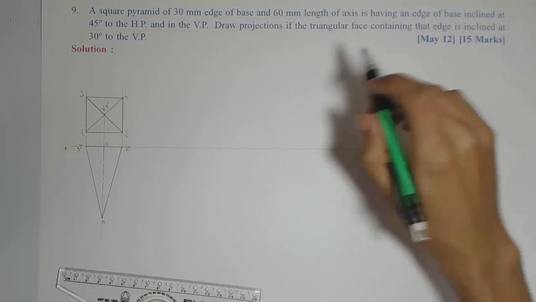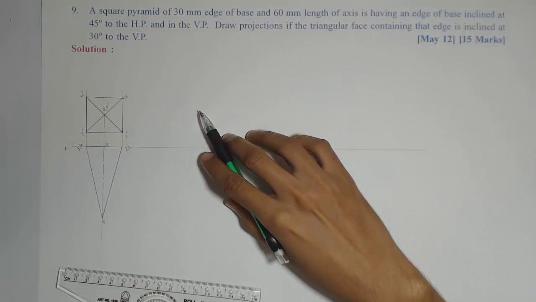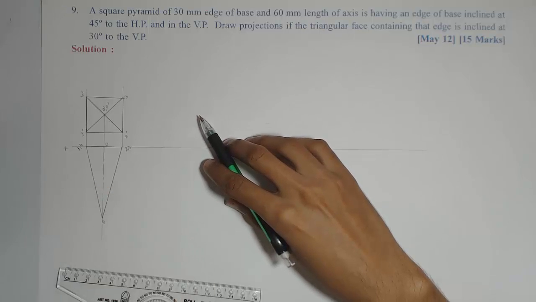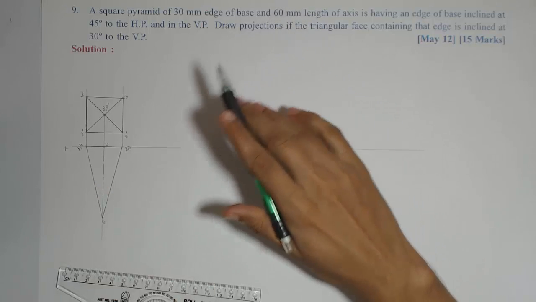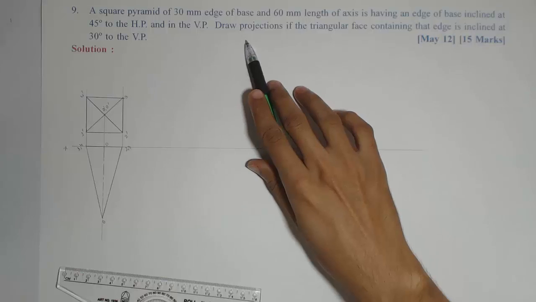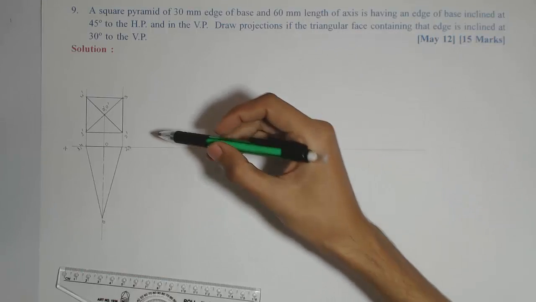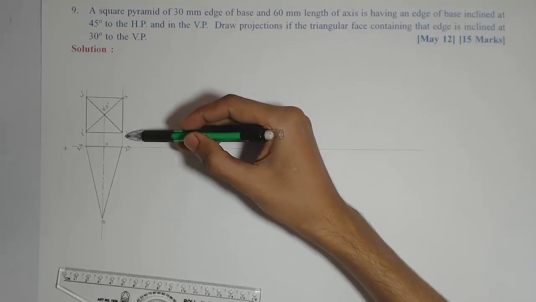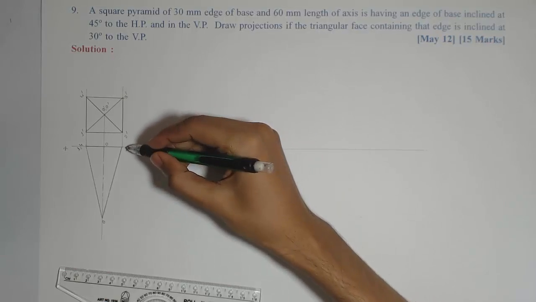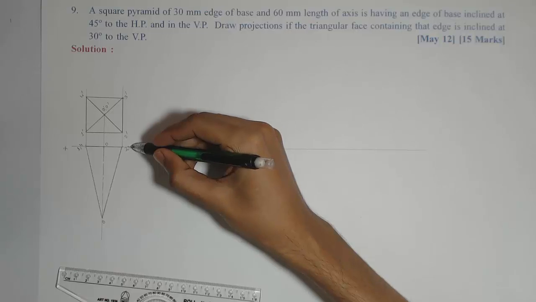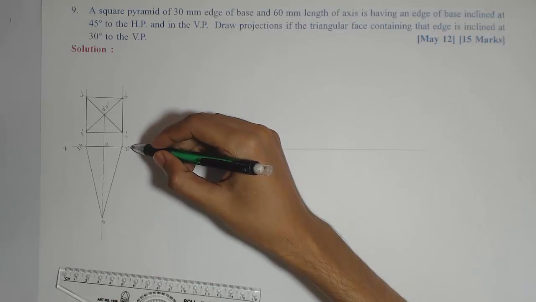Now in second stage we need to redraw the top view. So we need a condition with the VP, and the condition is given for triangular face containing that edge. Means the edge which we have kept on right hand side is 2 dash 3 dash, which is a point in top view 2 3. So we need to keep this point still in the XY on the HP in the VP.